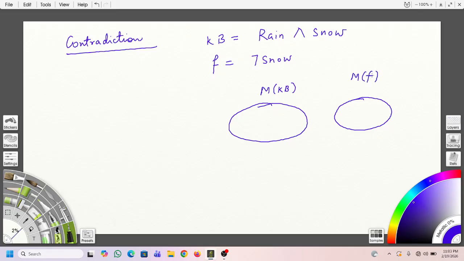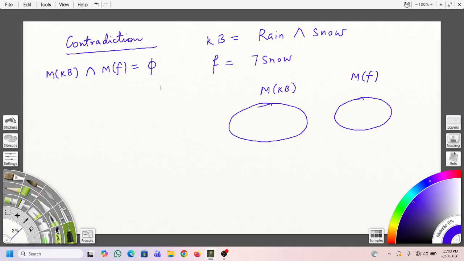and since we are talking about contradiction, then one thing that we can say is M of KB intersection M of F should be equal to phi. That is a null set.